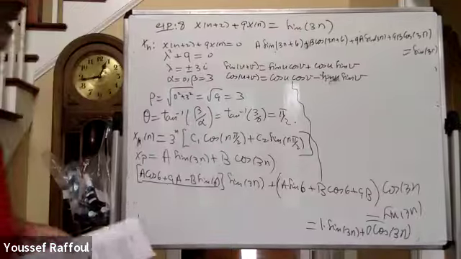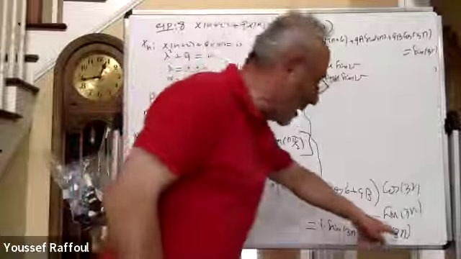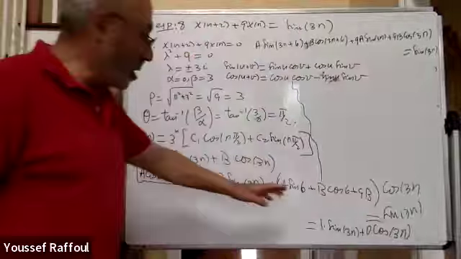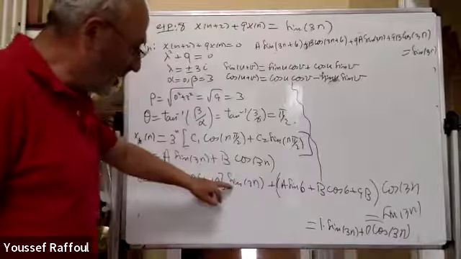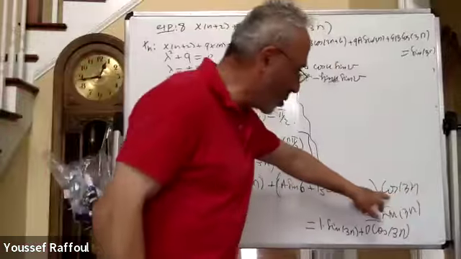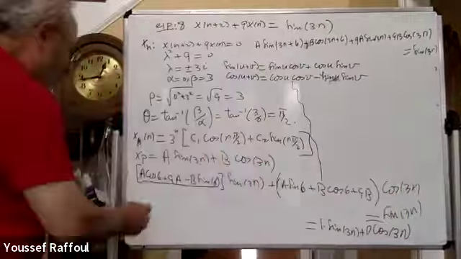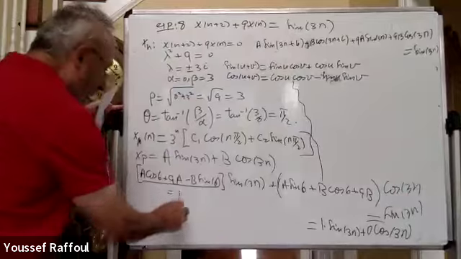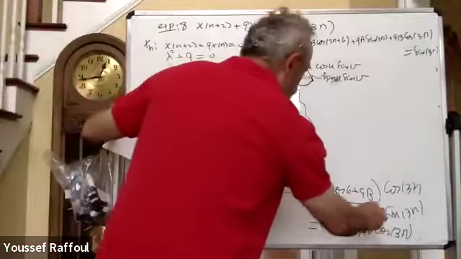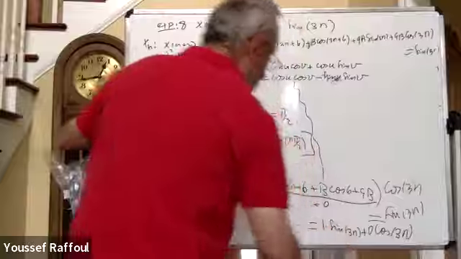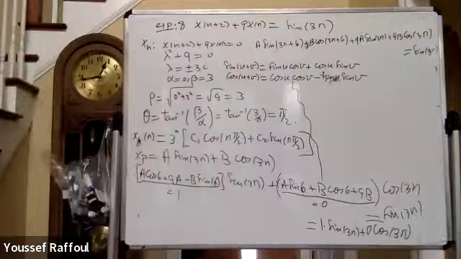Why did I put 0 times cosine 3n? Because look, the coefficient is of sine 3n and the other coefficient is of cosine 3n. So that means this is equal to 1 and this one here is equal to 0. You see that?